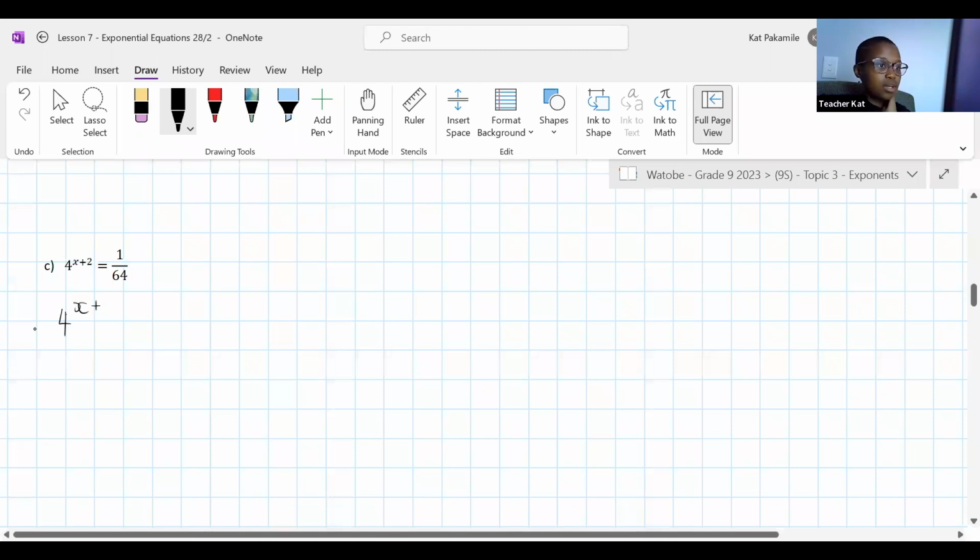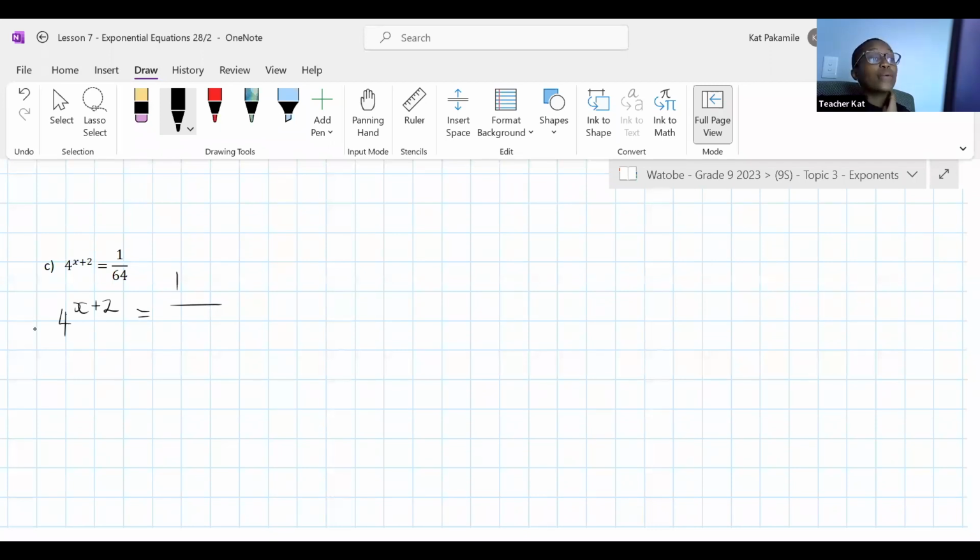Equals. How can we rewrite 64 with a base of 4? Oh, 4 to the power of 3. And okay, so the x is meant to be a 1. No, it isn't 1 actually.